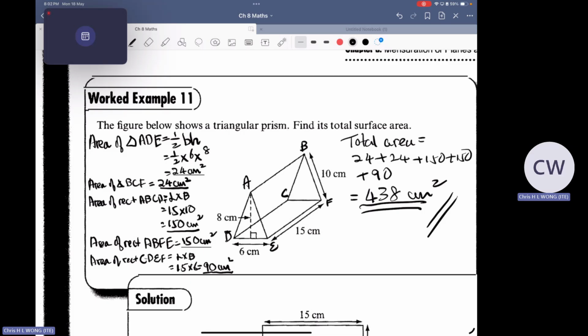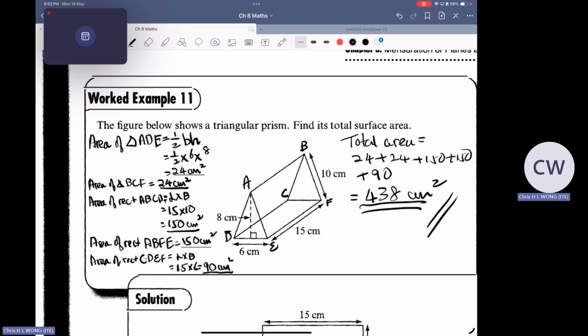Which triangle? For the figure below shows a triangular prism. Yes, but I didn't say it's an isosceles triangle. So how can you say that this is 10, this is that? I'm assuming they forgot to tell you.